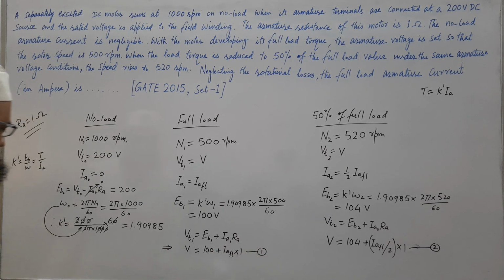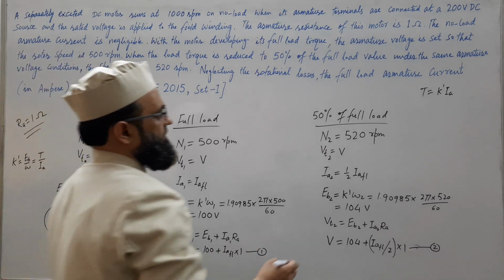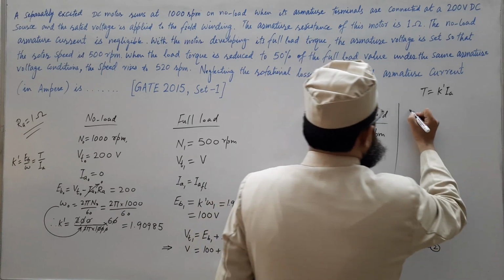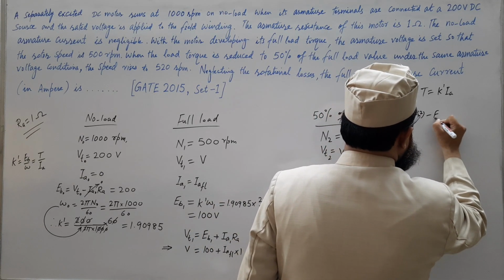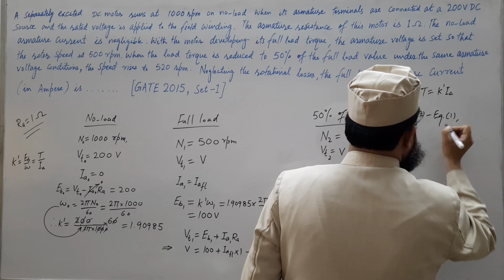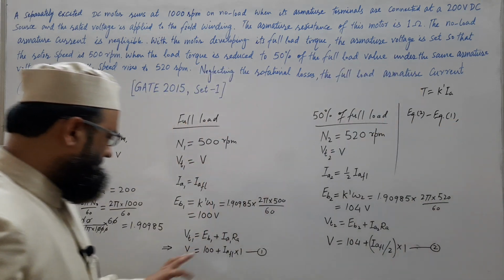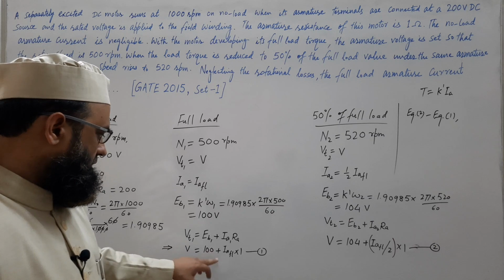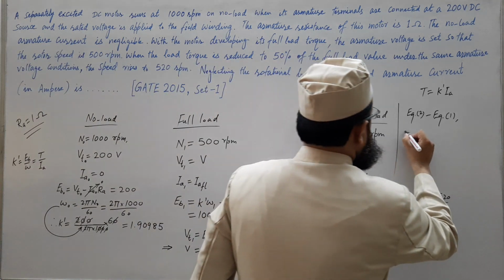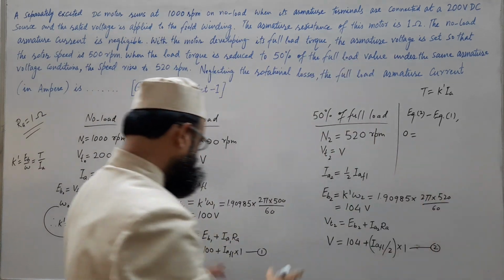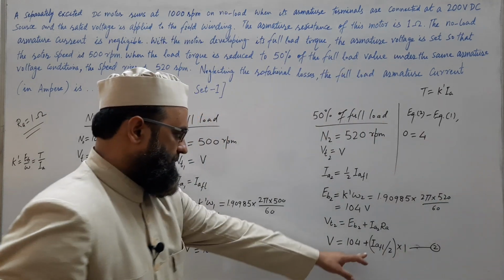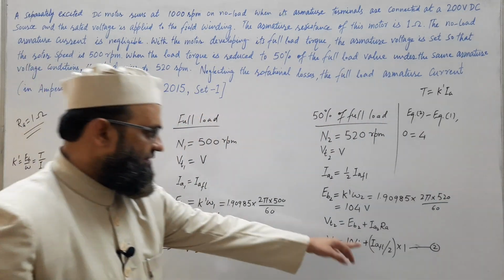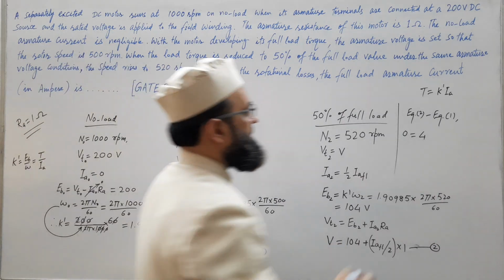So equation 2 minus equation 1: V minus V is 0, so 0 is equal to 104 minus 100, which is 4, and IAFL by 2 minus IAFL, that is minus half IAFL.